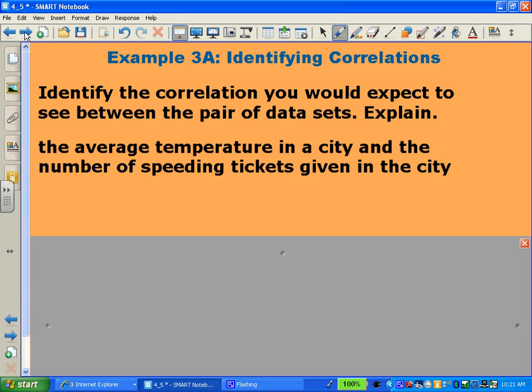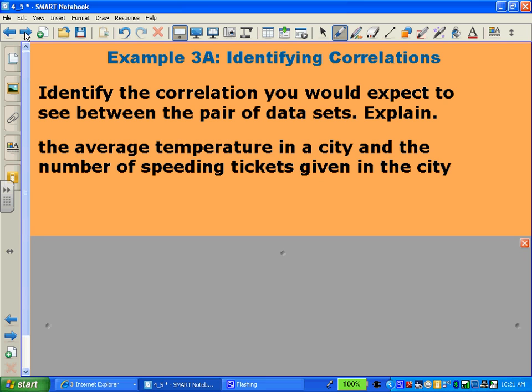Next thing is we have situations where we try to identify what the correlation would be. So here's our first example. The average temperature in a city compared to the number of speeding tickets in the city. Do you think that the higher the temperature is, the higher the speeding tickets?